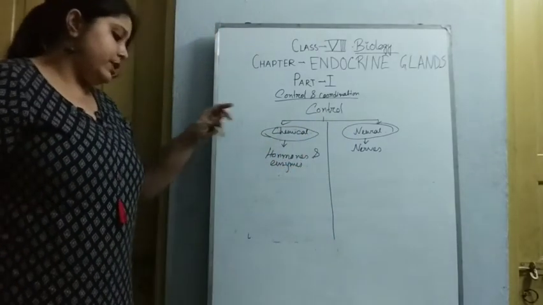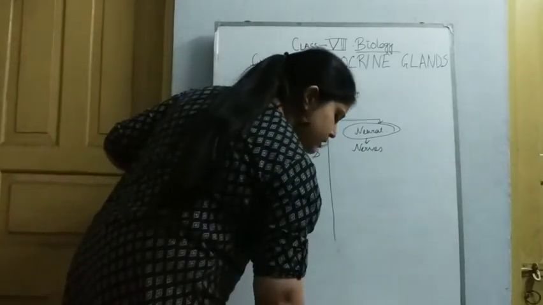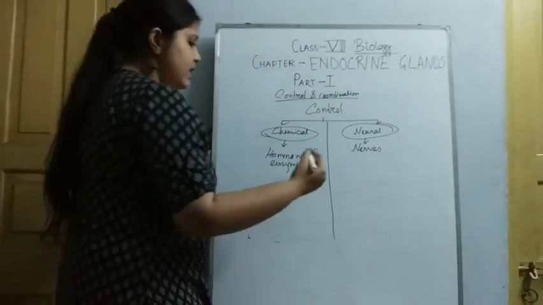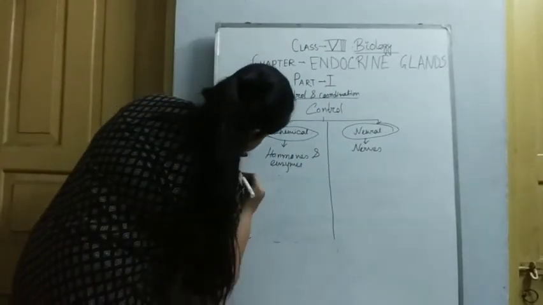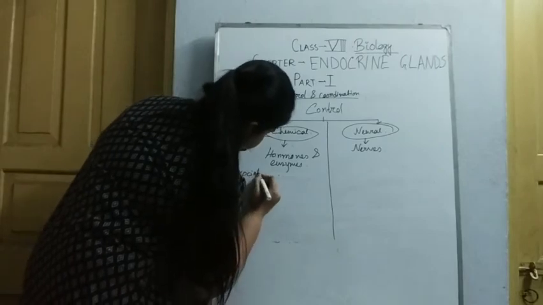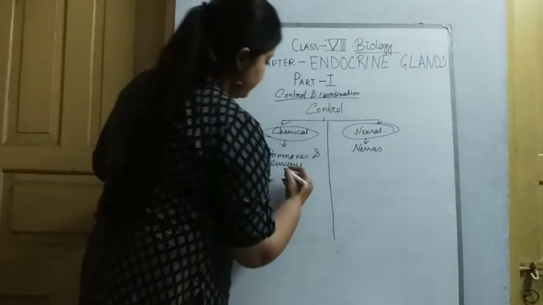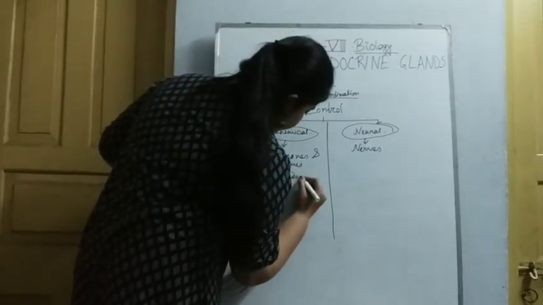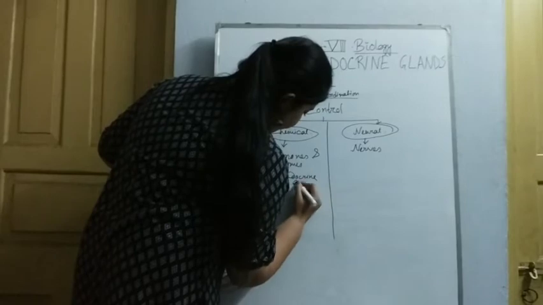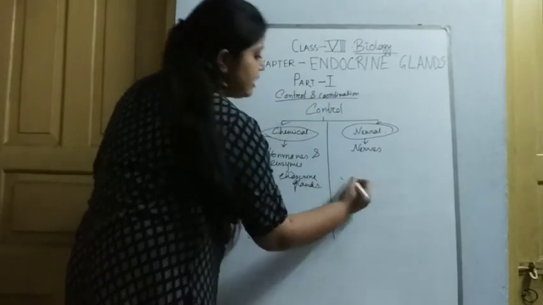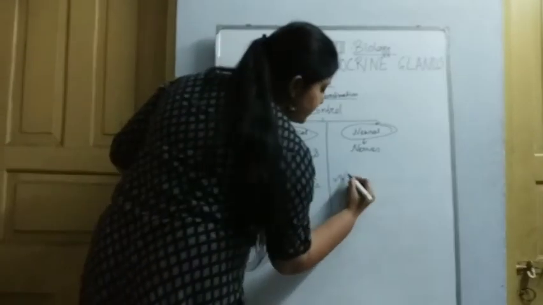As the first difference, according to the association, chemical control is controlled by these endocrine glands, and neural control is controlled by the nervous system.